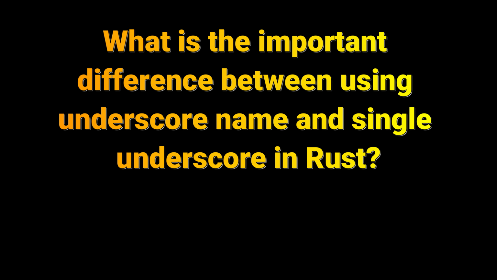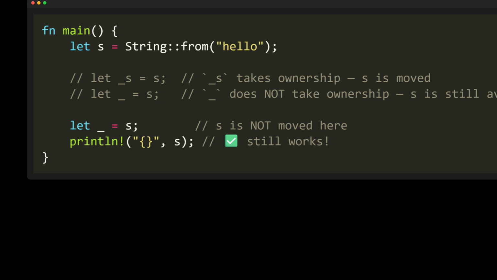Question: what is the important difference between using underscore name and single underscore in Rust? In Rust, there is a critical difference between a variable like underscore s and using just underscore. When you write let underscore s equals s, the value is still assigned to a variable, so ownership is taken and the original s is moved.